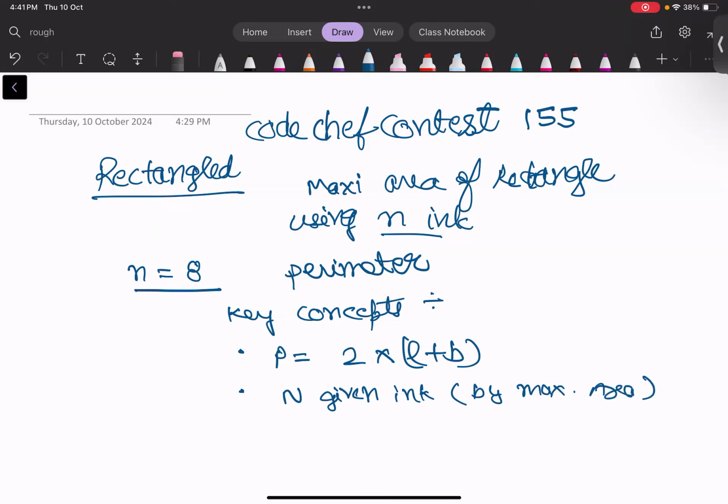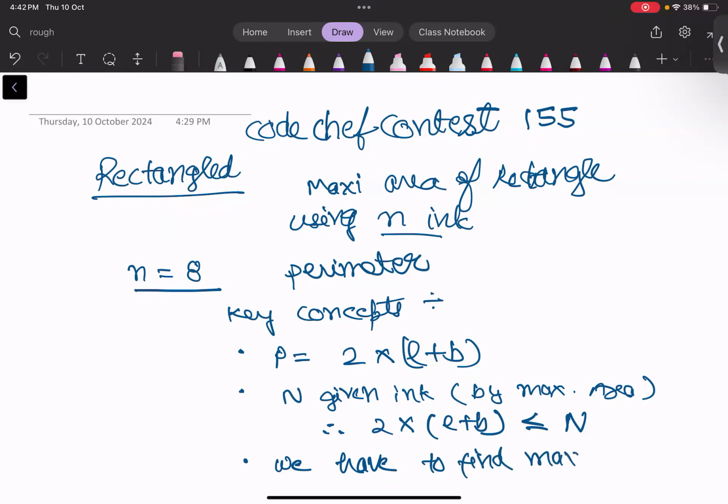So we know that 2 into length plus breadth should be less than or equal to N. Third, we have to find the maximum area.